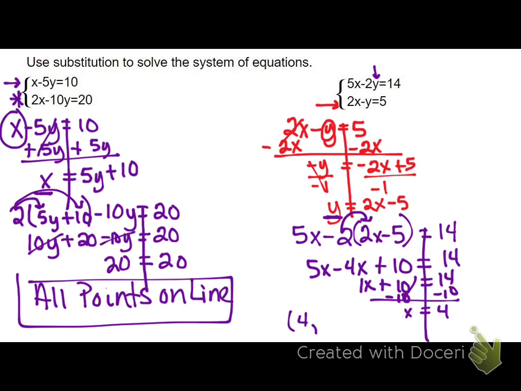Y equals 2x minus 5? Okay. So we're going to use this third one here. So which variable am I substituting for? X. Okay. And what am I hoping to solve or find? Y. So I'm going to put y, and you guys said I'm solving for x. So what do I substitute for x? 4 times 2 minus 5. Okay.